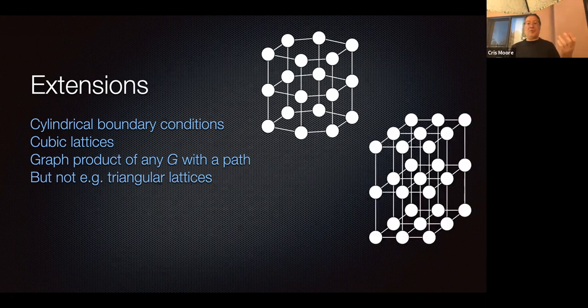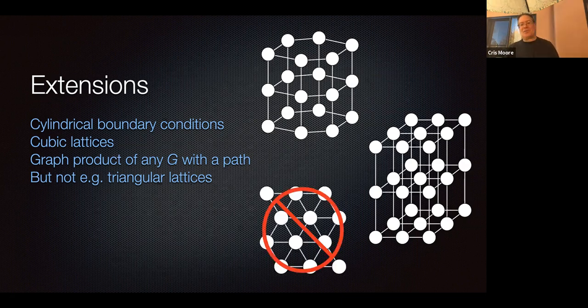It also works for cubic lattices. Hey, look, cubic lattices in any dimension, hypercubic lattices. Indeed, it works for any product, I guess you would call this a weak graph product, of a path from top to bottom with any graph. Okay, so there you go.